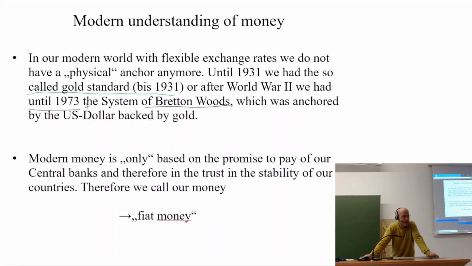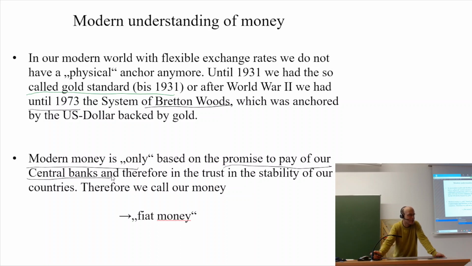So what is money today? This is just this paper, and in a minute we will talk about how it is even more than that today. But modern money is now only a promise of the central banks that we can buy something with this money tomorrow.